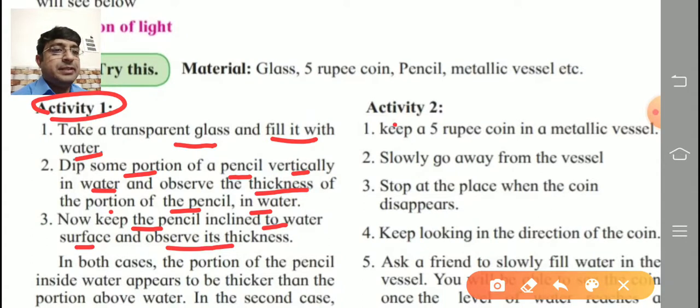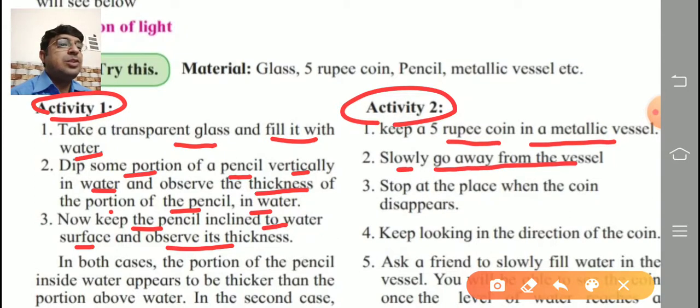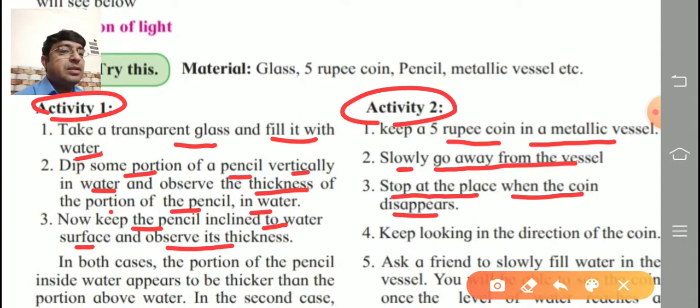One more activity is given here, the second activity. Keep a 5 rupee coin in a metallic vessel. Second point, slowly go away from the vessel. Then stop at the place where the coin disappears. Then keep looking in the direction of the coin.